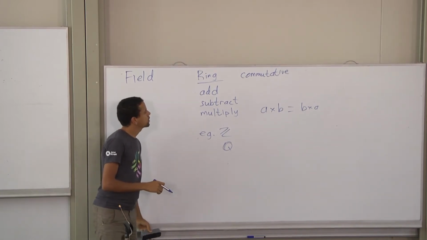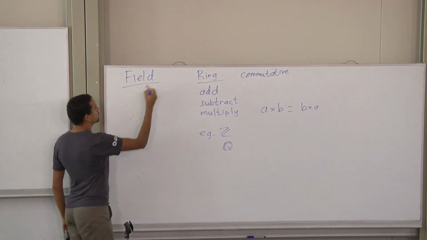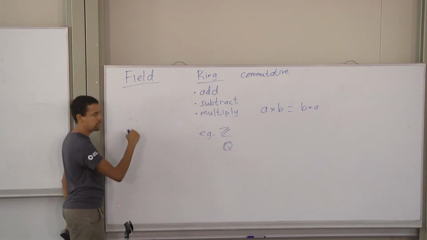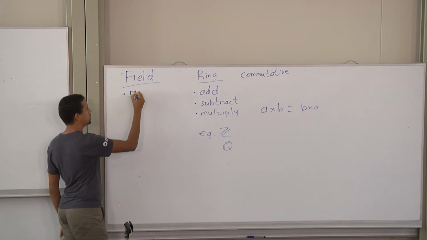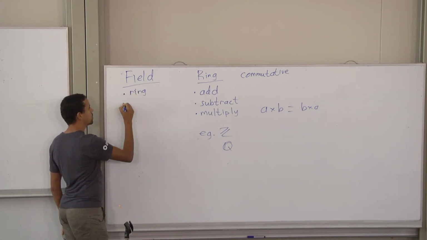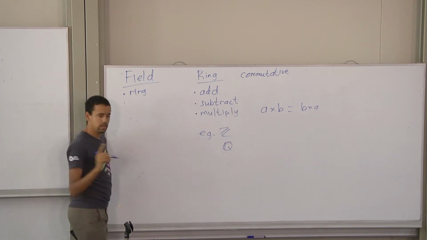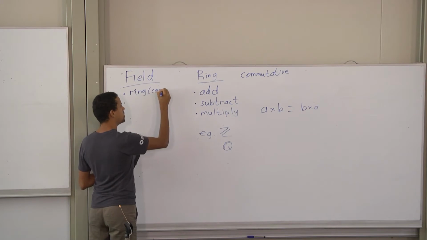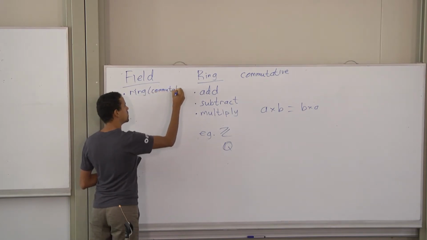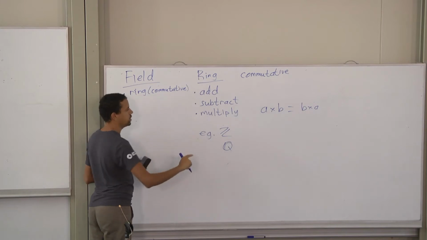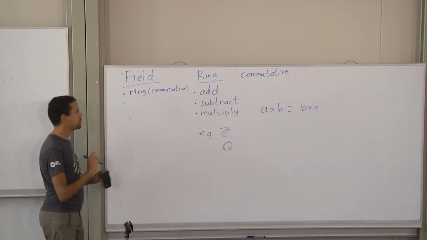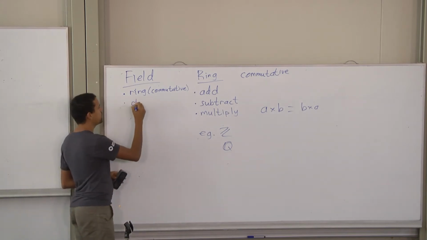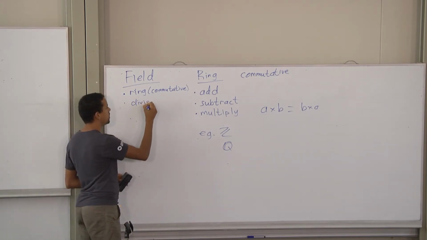Okay. Now a field, the conditions are, I could write them all down again, but first of all, it's a ring. But also, for a field you need it to be a commutative ring. So multiplication behaves similarly to normal numbers: A times B is the same as B times A. And the extra condition is that you have to be able to divide things.